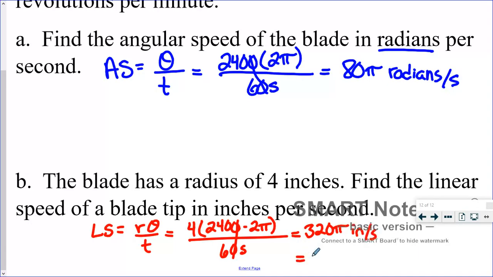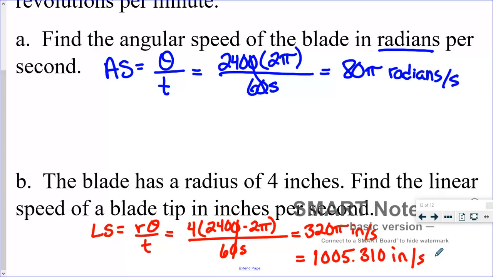Of course, again, linear speed, pi doesn't help us very much. You can't really visualize how fast that really is. So if we say 320 pi, that is 1,005.310 inches per second.